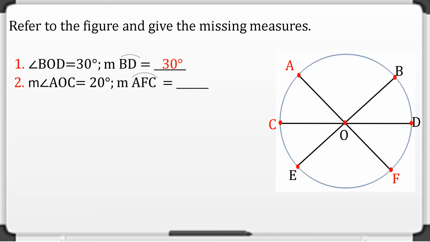Number 2, if the measure of AOC is equal to 20 degrees. So ito yung angle, 20 degrees yan. Ibig sabihin, yung intercepted arc niya ay 20 degrees. Hahanapin naman natin ang arc AFC.